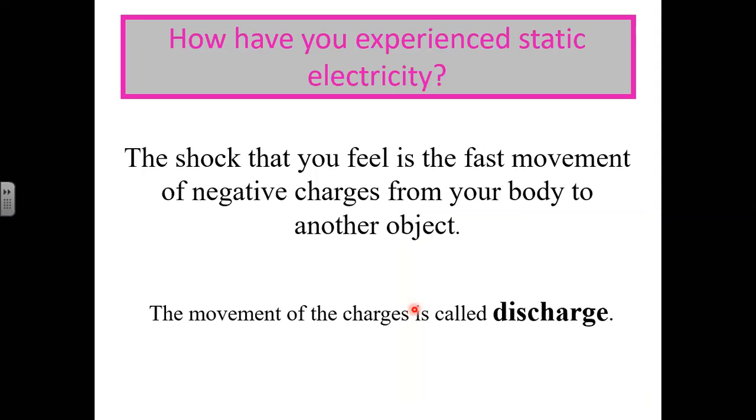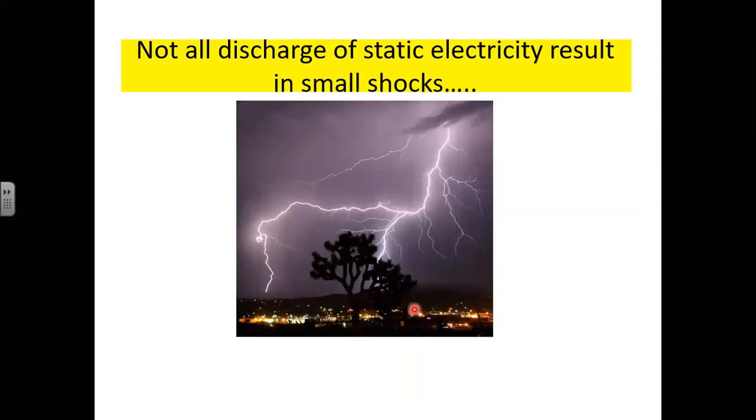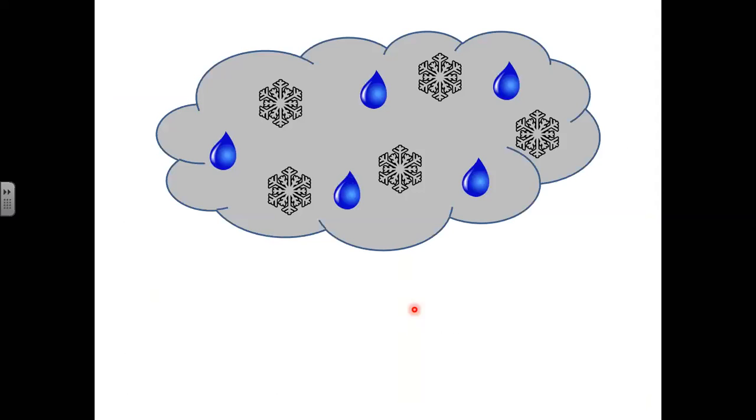This jumping of negative charge from the body that is full of negative charge to the one that is positively charged is called a discharge. And you can see it also in lightning. Lightning occurs due to the rubbing of the water droplets and the snow particles inside the cloud.